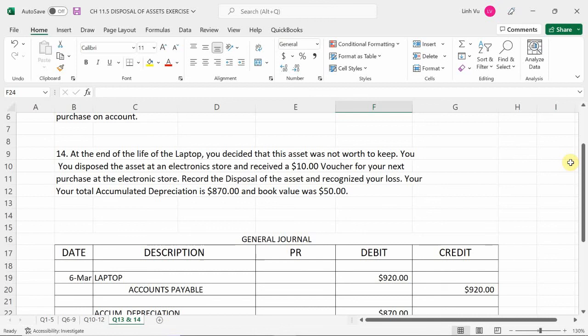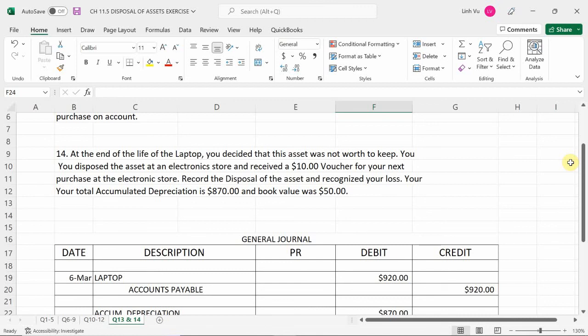You lost $50. Your laptop is $50. You got $10 out of it, so that'd be 60. No. Right now your laptop is worth $50. Because you threw it in the trash, you got $10 out of it.